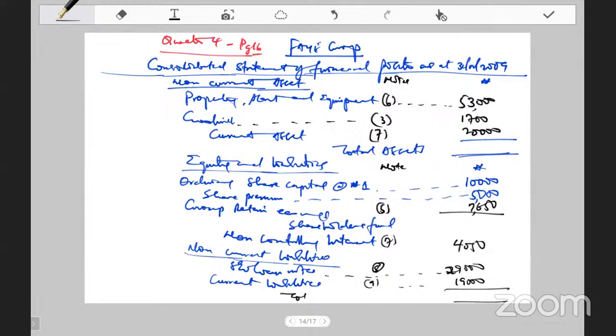So now I need my total equity and liability. So what's the answer?